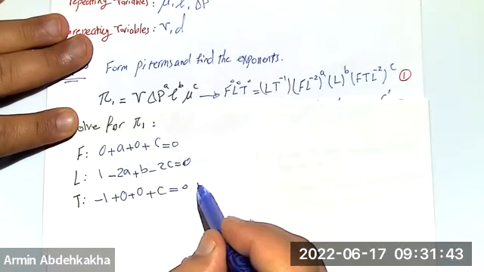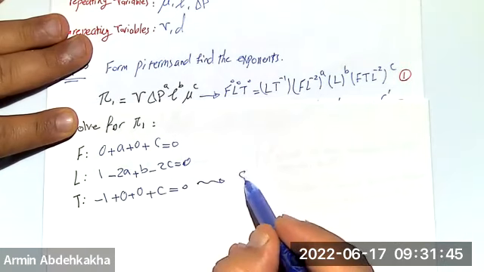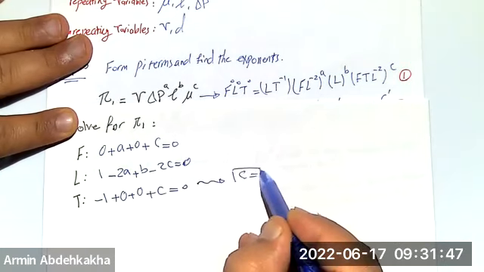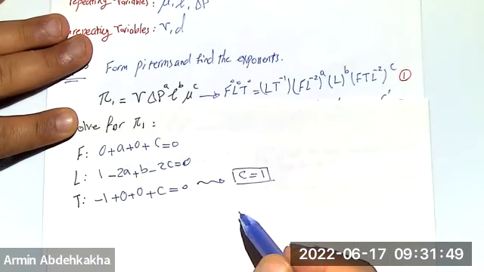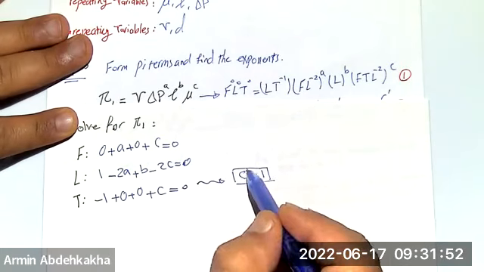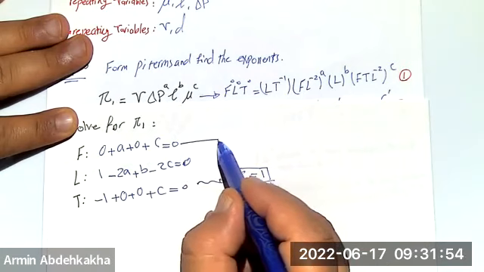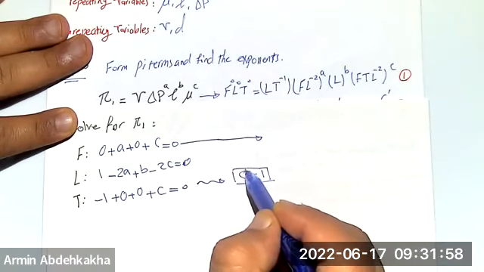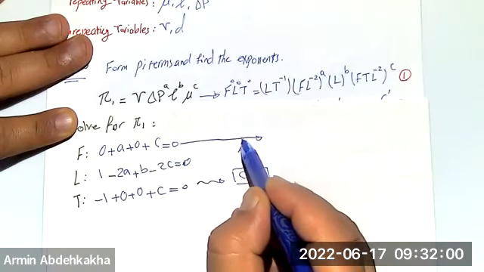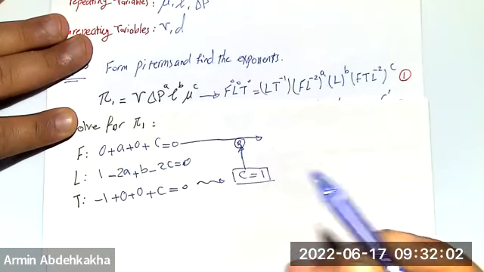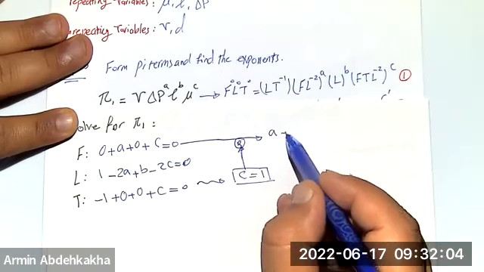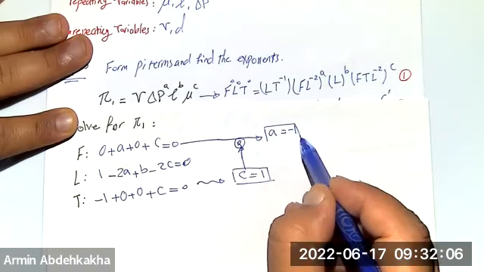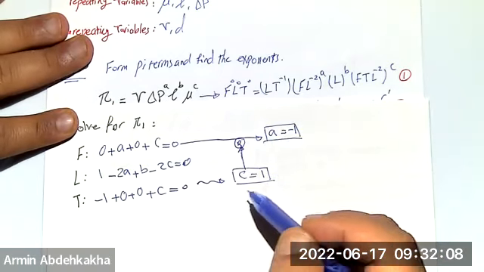From here, you will have C equal to 1, right? And if you bring it here and replace here, then A is minus 1, right?